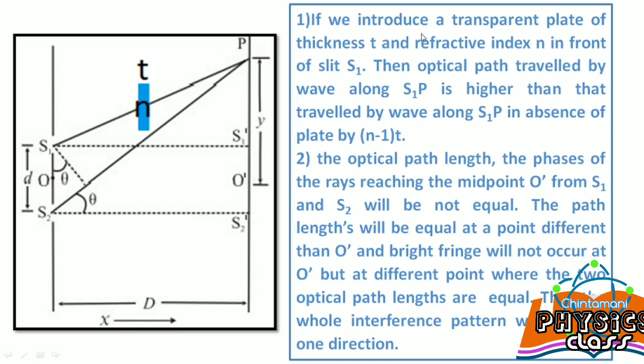If we introduce a transparent plate of thickness T and refractive index n in front of the slit S1, then the optical path traveled by the wave along S1P is higher than that traveled by the wave along S1P in the absence of the plate by (n - 1)T.